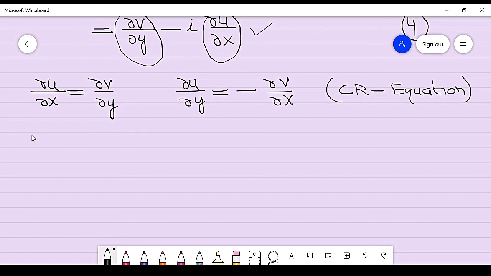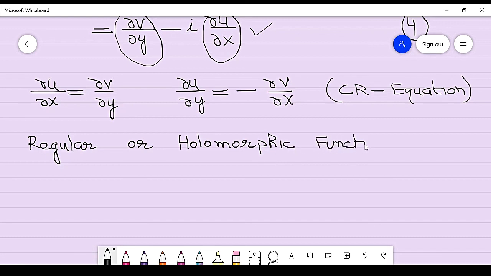The other names of an analytic function are regular function or holomorphic function. Some books use analytic function, some use regular function, and some use holomorphic function. All three names are used in different books.